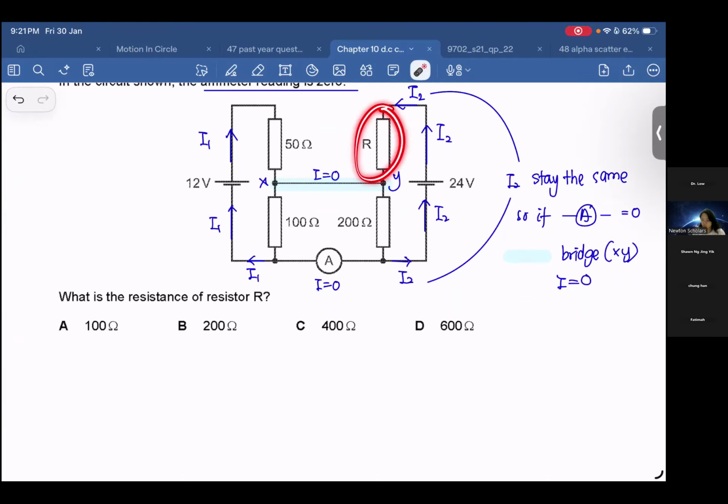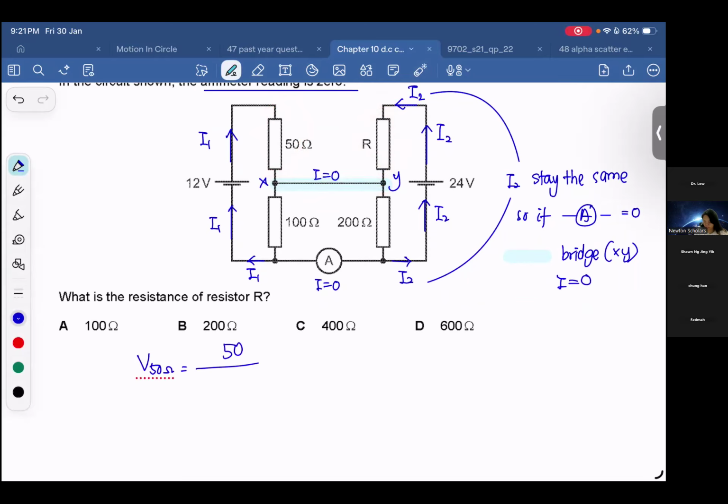Since there is no current, the voltage across here is the same. So we calculate the voltage for this 50 ohm. Voltage for 50 ohm equals 50 divided by 50 plus 100 times 12. My answer for this one is 4.0 volt.